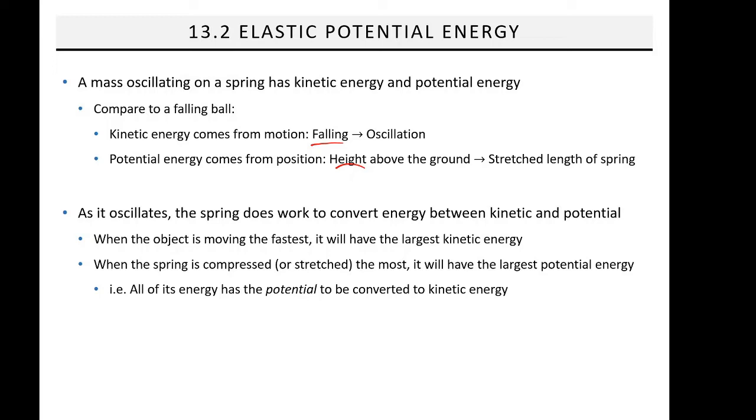When the spring is compressed or stretched the most, this is when it has the largest position, right? When it's at the amplitude points. At these points, it will have the largest potential energy. So all of the potential energy that it has at the amplitude points has the potential to be converted to kinetic energy at the equilibrium position.